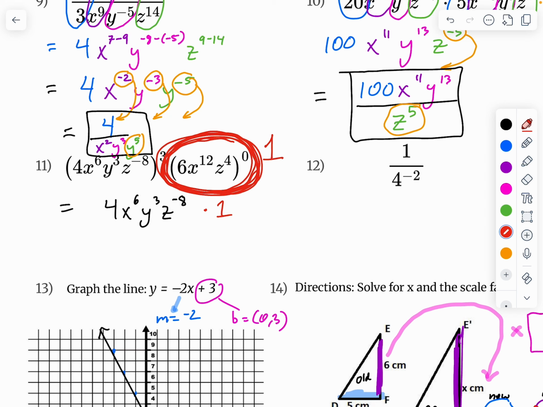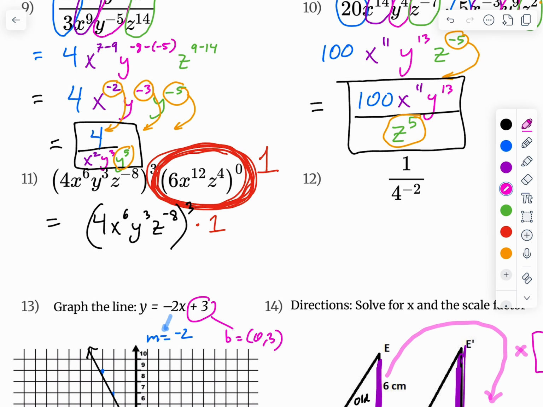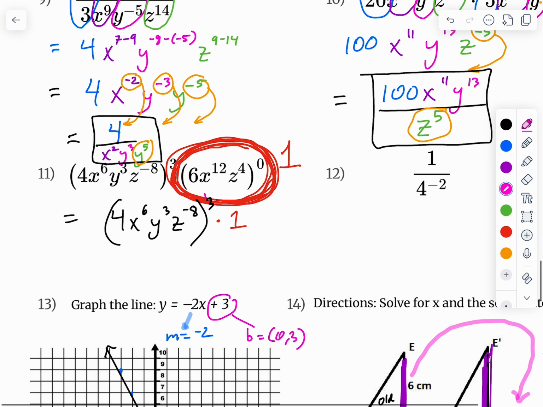So what do we do now? I'm missing something. What am I missing? Yeah, I'm missing the third power. Now this thing is going to be a power to a power, so I'm going to do my trick. My trick is when I see parentheses like this, I'm going to do something called the distributive property. I'm going to actually distribute.